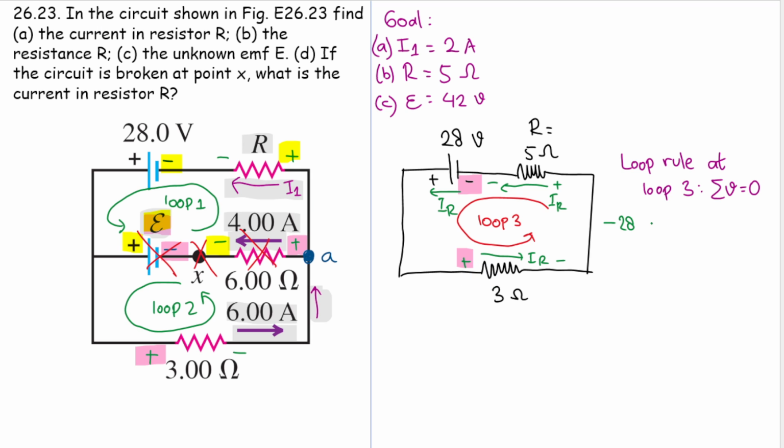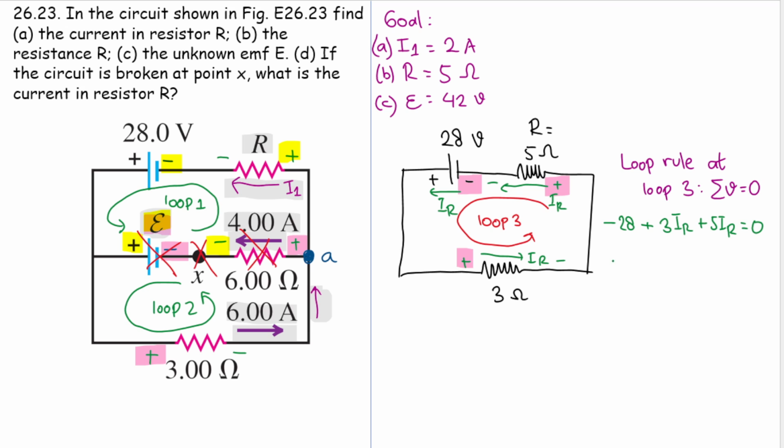So we'll have plus here, and then we get 3 multiplied by IR to get the voltage. Good. And then we also have this one, and it enters from this positive terminal. So I will have plus 5 IR. Okay, and all of that will equal to 0.